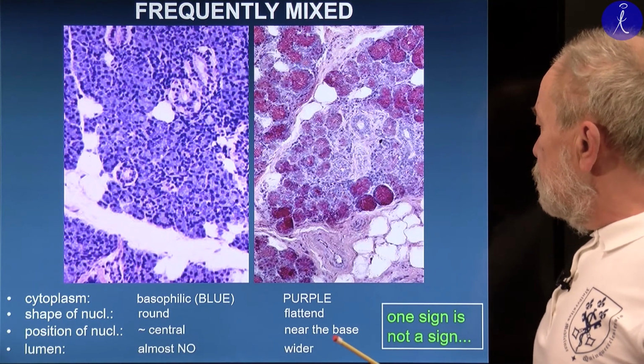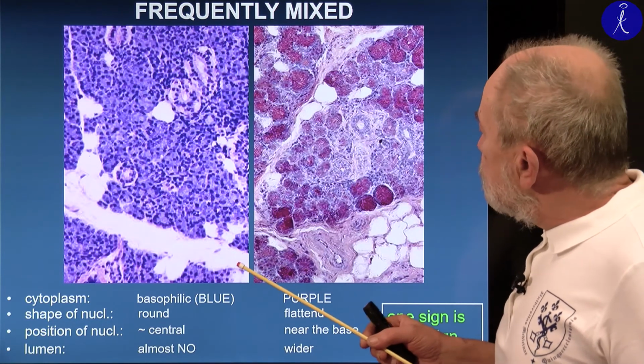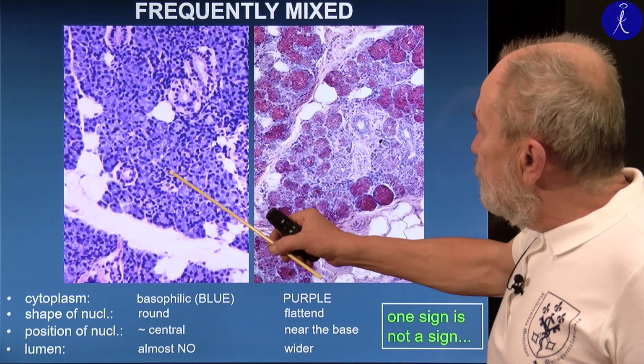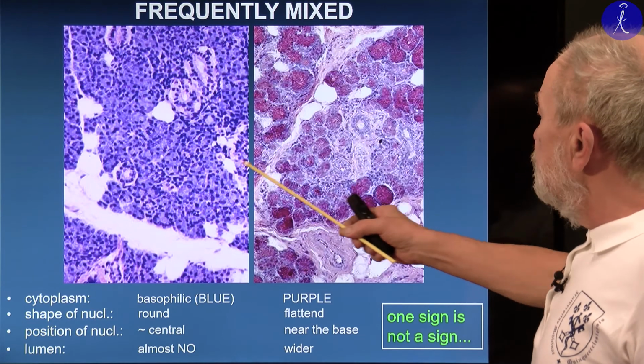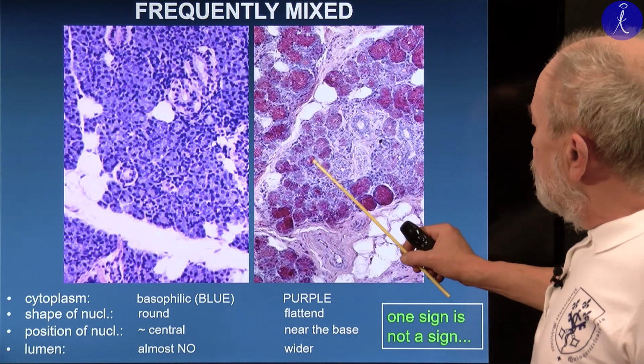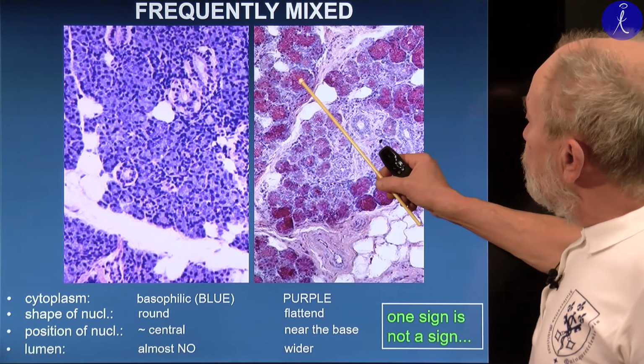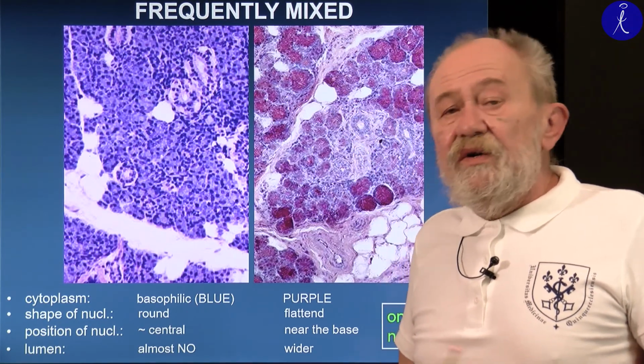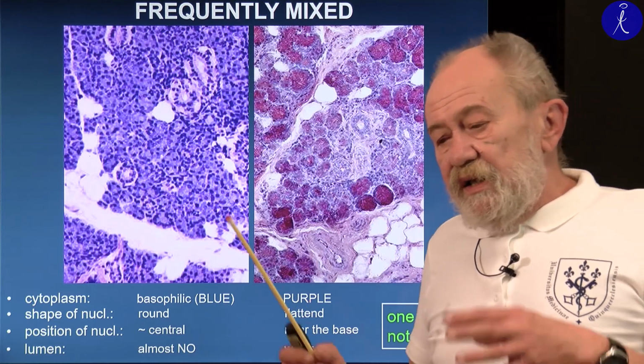The lumen is also a different thing in these two cases. Here you can hardly see it, but you remember, this one is a repetition, and there is a quite visible, relatively bigger lumen the mucous acini have got. Also you remember the reason for that.